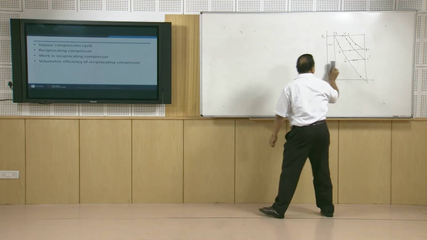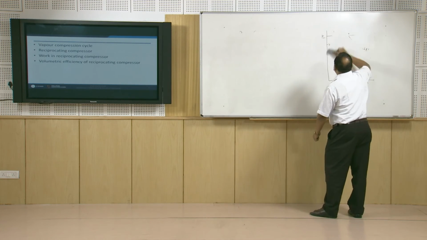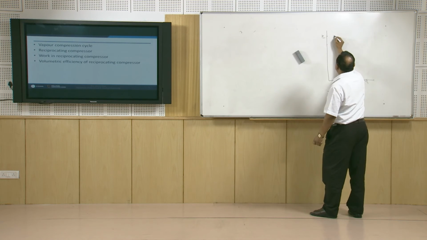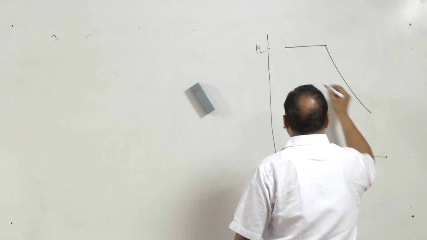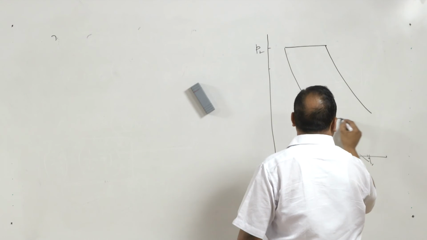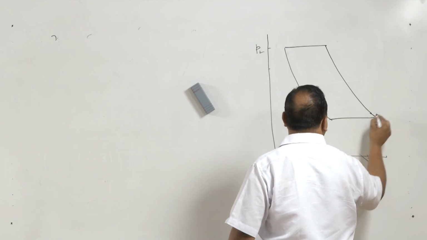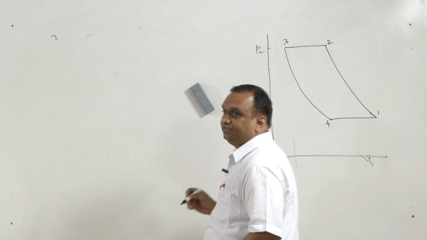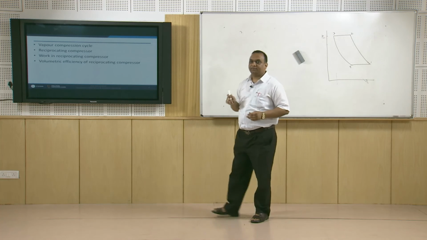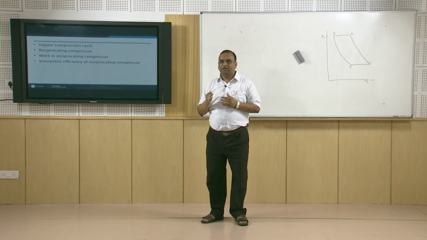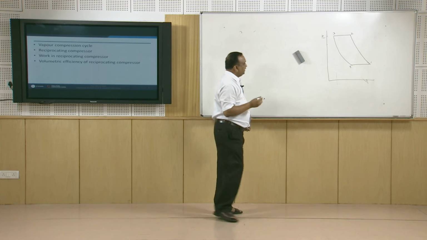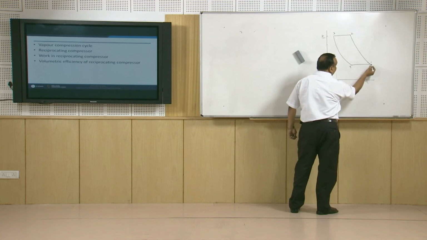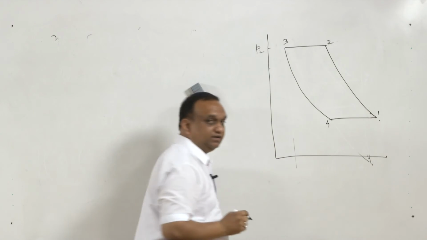Now this diagram I have drawn for this reciprocating compressor has not taken into account the pressure drops in the walls. The pressure drop in suction wall and discharge wall takes place because if the fluid has to flow, suppose the compressor has to suck air from outside, the pressure inside the cylinder should be less than the atmospheric pressure.